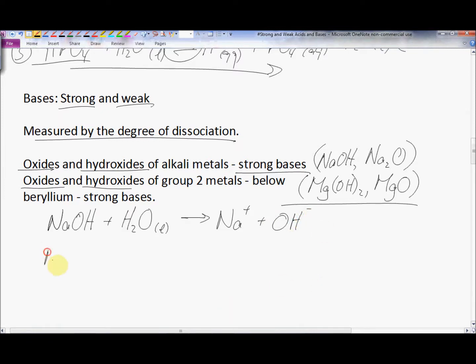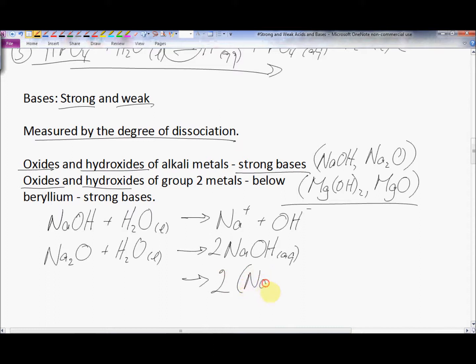Okay, sodium oxide plus water will form sodium hydroxide, 2 of them in aqueous form. So really it's like that.